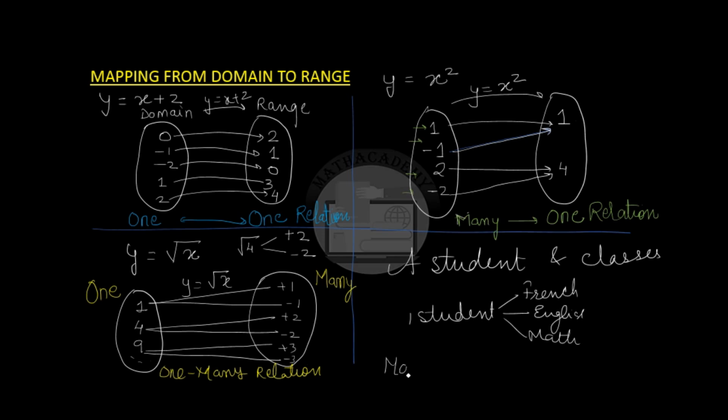A math class can have many students. So this kind of mapping is known as a many-to-many relation. So these are the four different types of relations: one-to-one, many-to-one, one-to-many, and many-to-many.